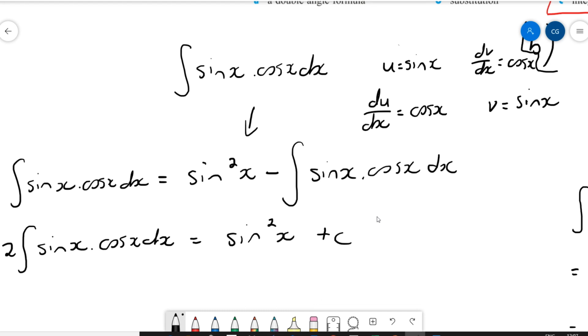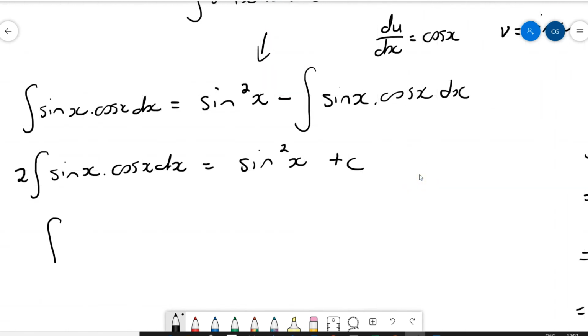Now what I can do is divide both sides by 2. So if I divide both sides by 2, I have my original integral sine of x times cosine of x dx is equal to, in this case here, a half sine squared of x plus c.